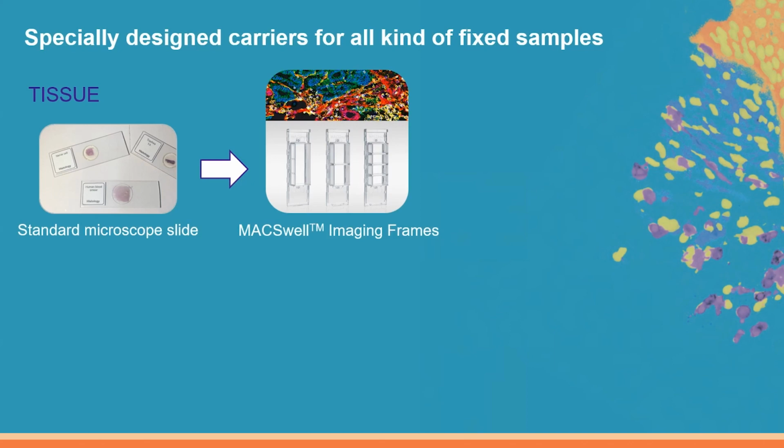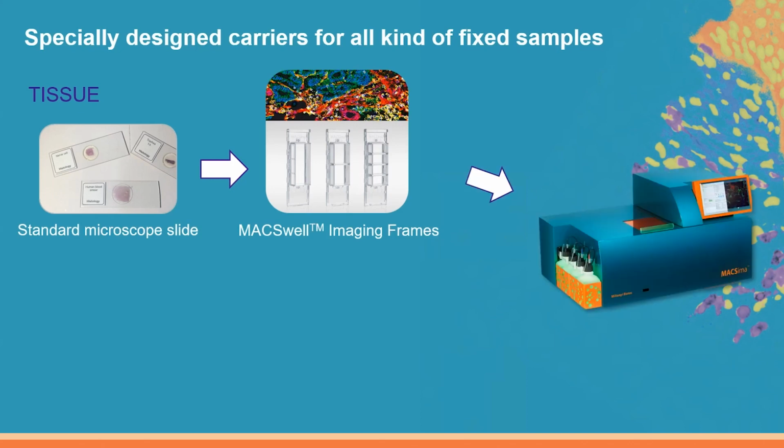We offer these Maxwell imaging frames in different sizes: Maxwell 1, Maxwell 2, and Maxwell 4. So depending on the size of your sample, you can choose the different sizes. These samples then just go into the Maxima machine.